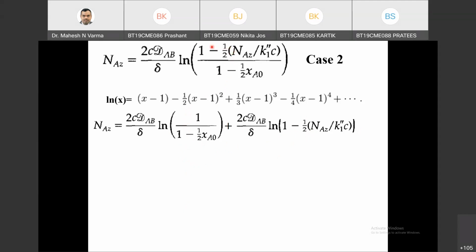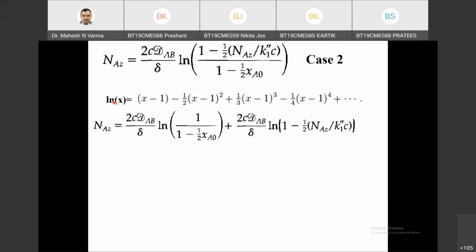Say you can think this is a and this is b. So ln a divided by b will be equal to ln a plus ln of 1 upon b.